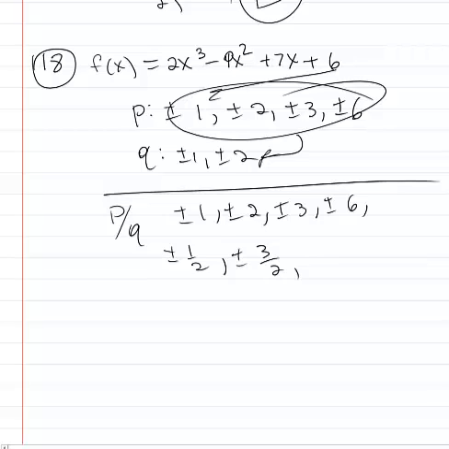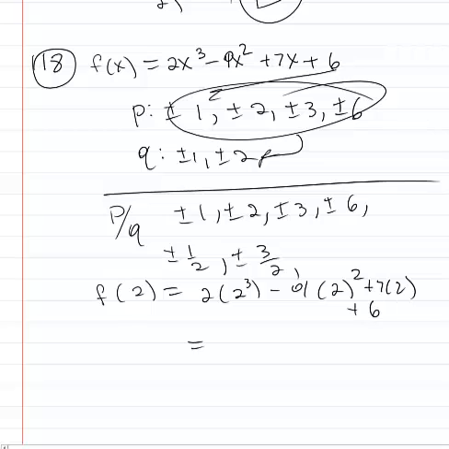So if I try -1, that's not going to work. You can check it for yourself. Let's try the 2, and I believe 2 will work here. So if you put the 2, you're going to get 2 times 2 to the third minus 9 times 2 squared plus 7 times 2 plus 6.